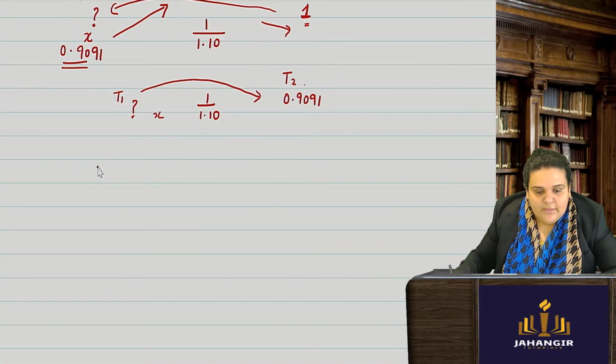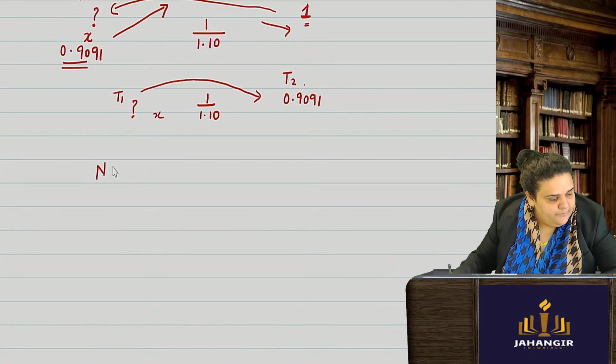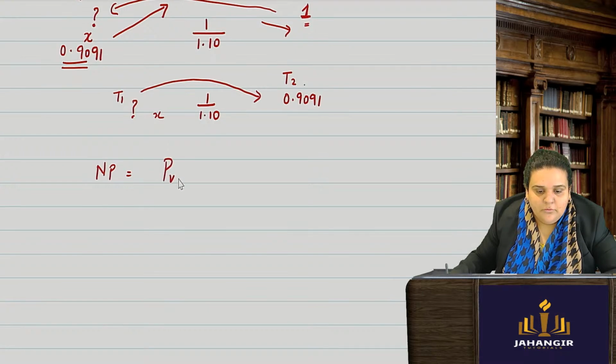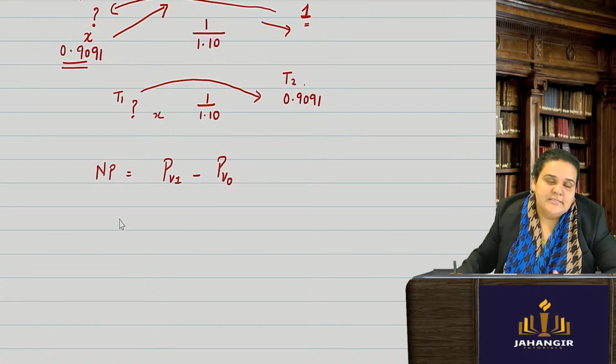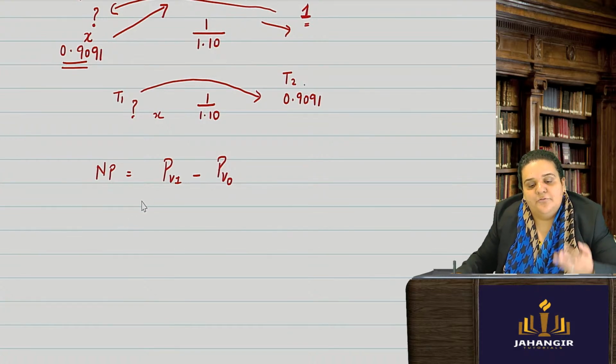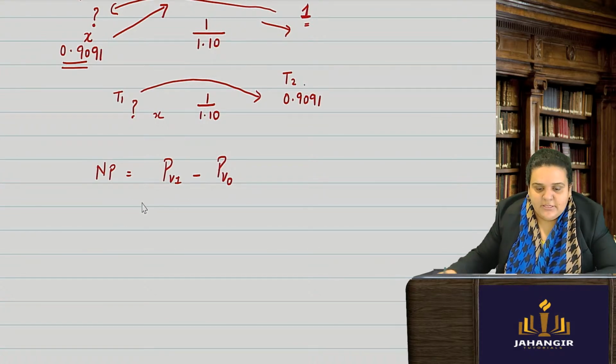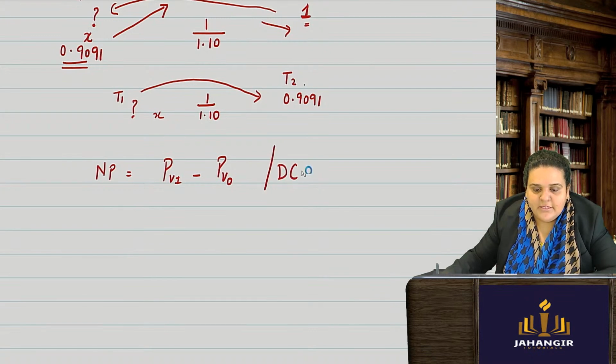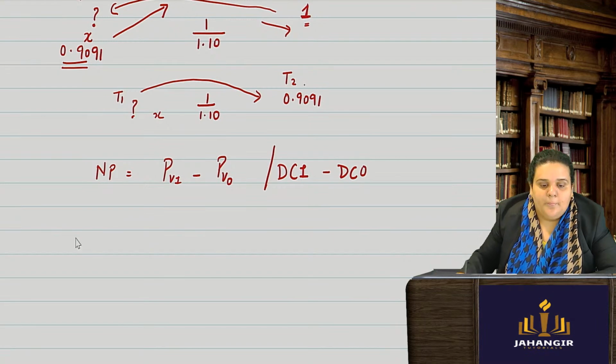Now I will compare this inflow with my outflow in order to find the net profit. Net profit will be PV inflow minus PV outflow, or you can say discounted cash inflows minus discounted cash outflows.